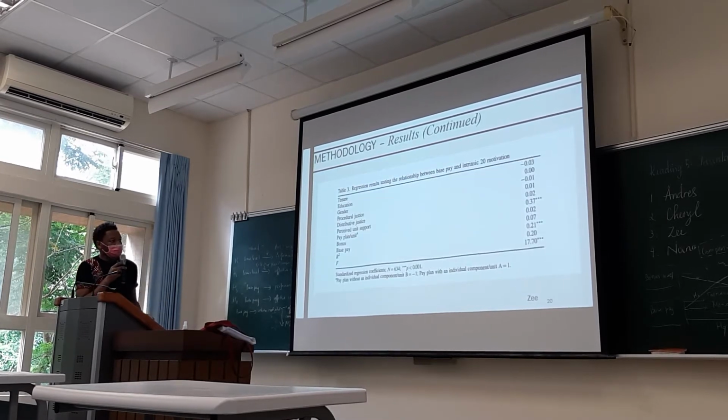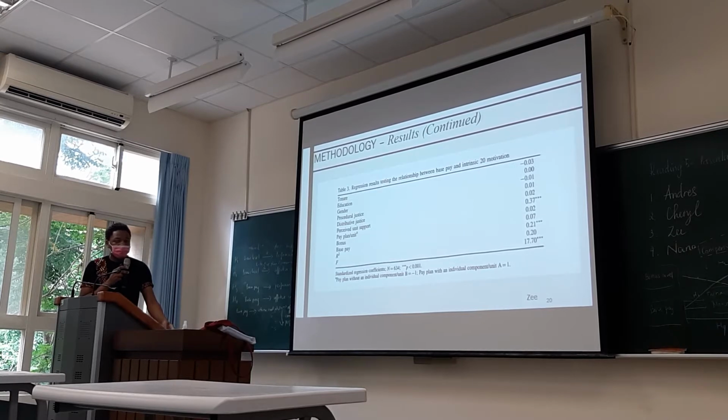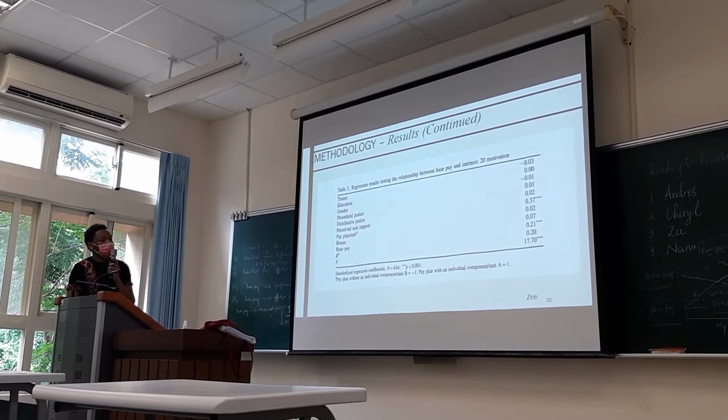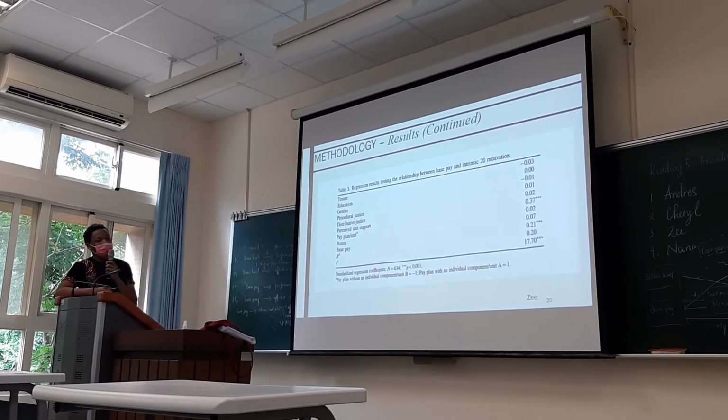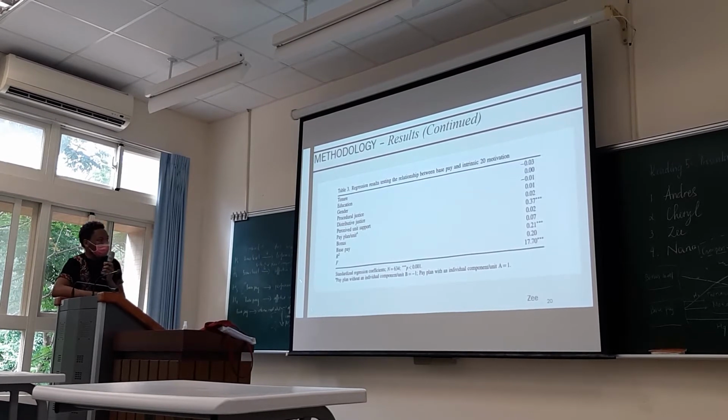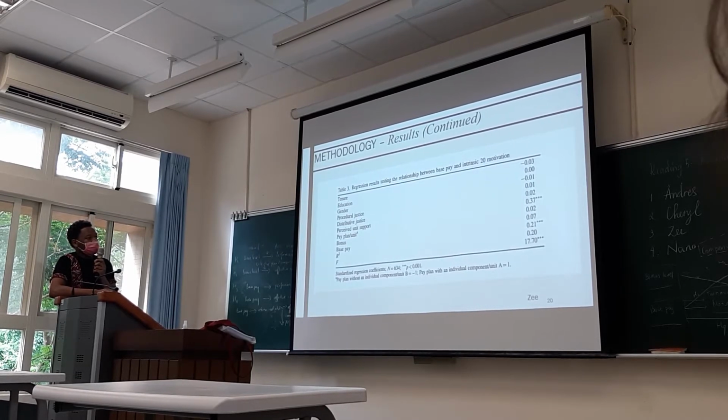And then, as I said about the three-step test for mediation. The first step was to check if the independent variable is significantly related to the dependent variable. And you notice that our base state, right, is related to.